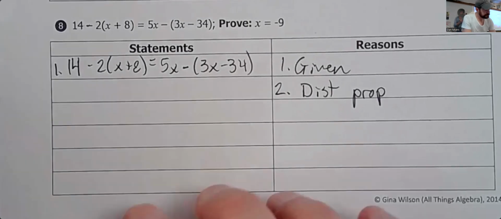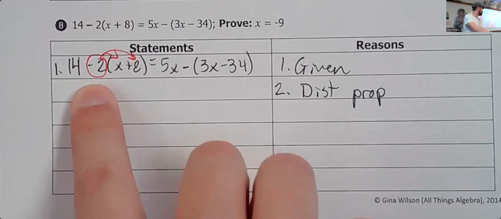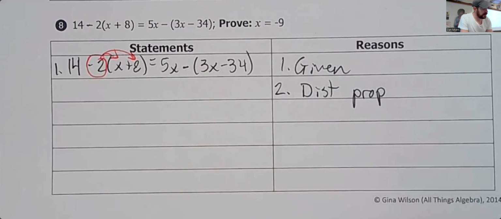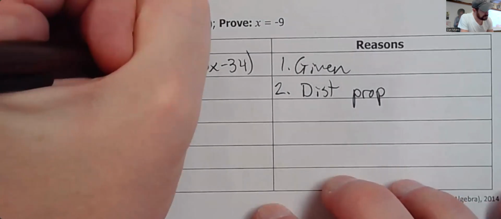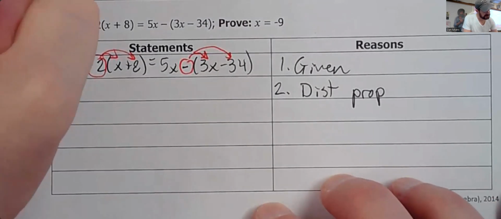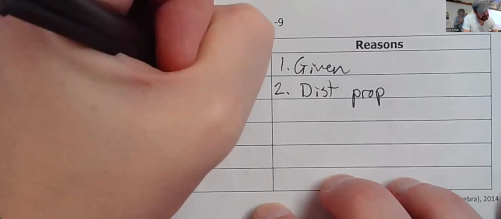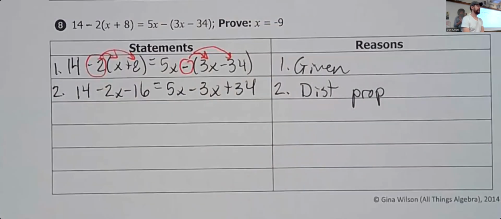So over here, we're going to take our -2. Make sure you use the negative when you multiply here. And then on the other one, you also have to distribute the negative, which is like a -1. That's what we're doing. So statement number 2 will be 14 minus 2x minus 16 equals 5x minus 3x plus 34.